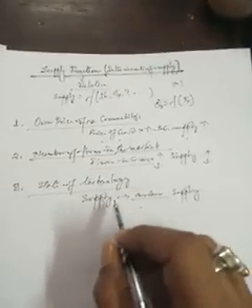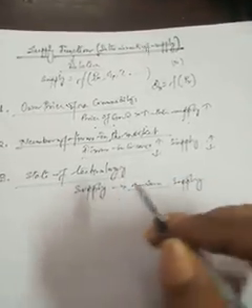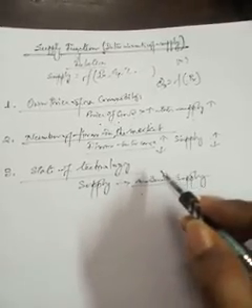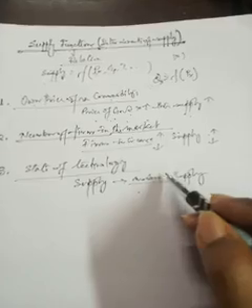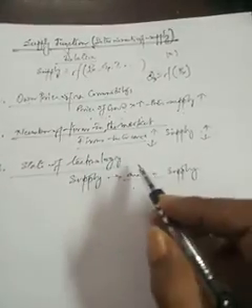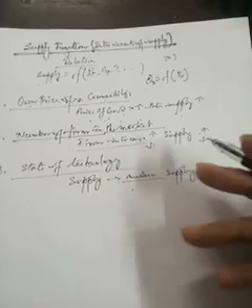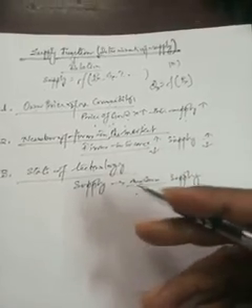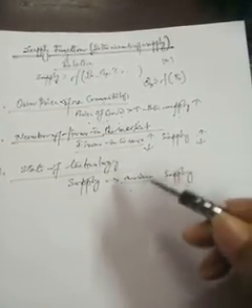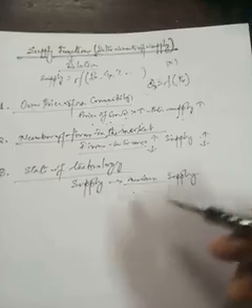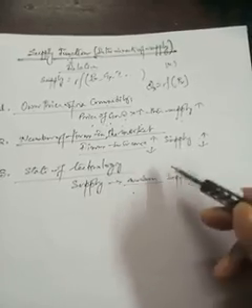In production or in agriculture, we see that if we use modern, advanced technology, then supply increases. Why is technology used? Technology is used to increase production, to increase supply.